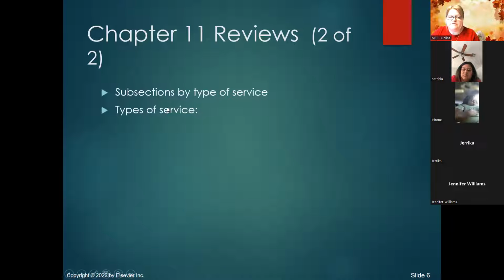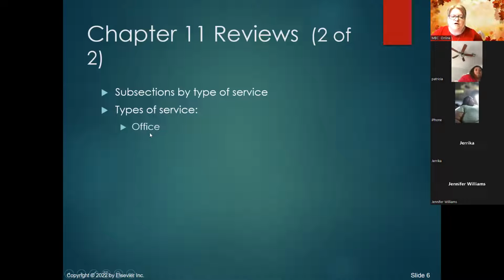All right. Subsections by type of service, which basically means in our CPT manual, y'all have recognized, I'm sure, that it's broken up by body system and then services accordingly.